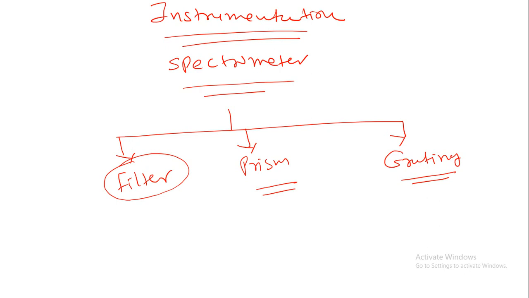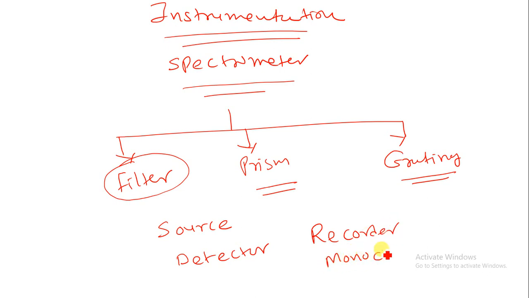Now a spectrometer generally has different segments. Suppose we are talking about the source, the second is a detector, the third is a recorder, and the fourth is a monochromator.